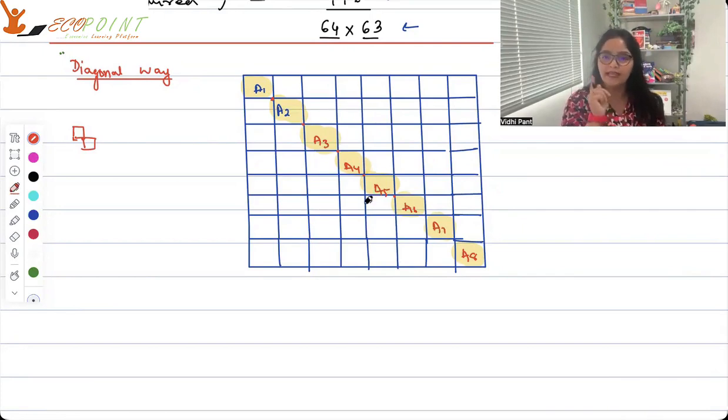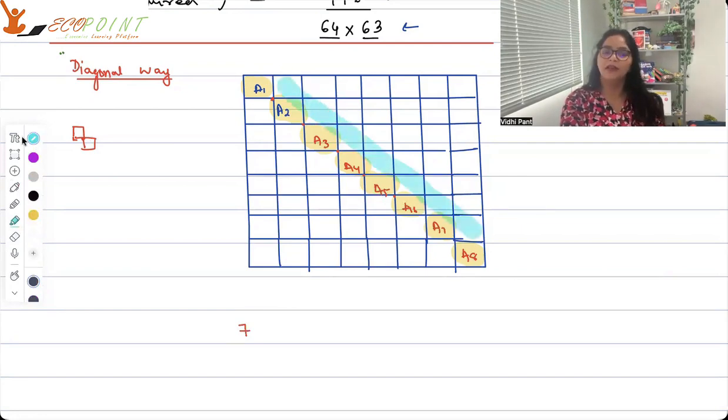That means 7 cases where you have exactly one corner in common. This is just one diagonal. How many such diagonals do I have? I have plenty.